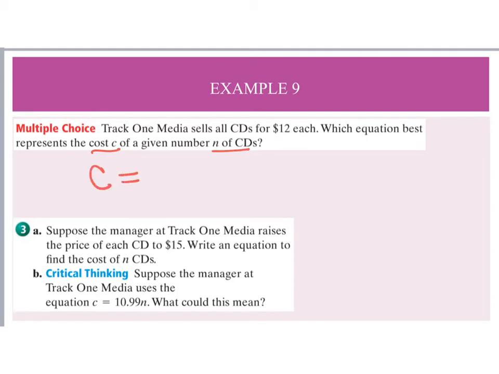When you're buying more than one item, you take your price and multiply it by the number, and in this case we have the number n CDs. So my cost is going to equal 12 times n, which is the number of CDs. This right here is my equation.